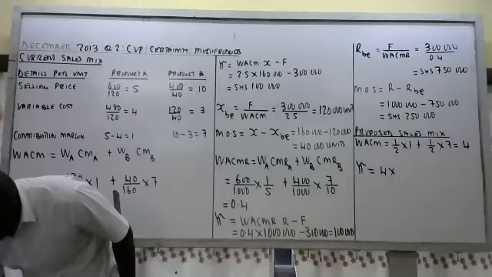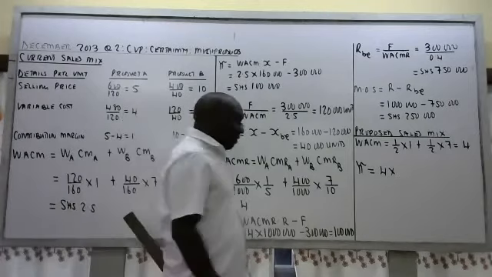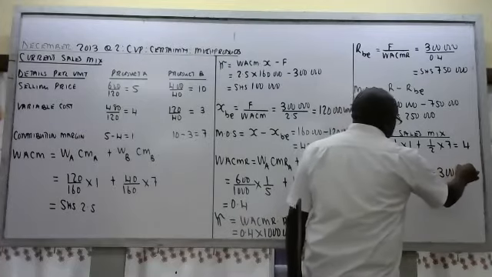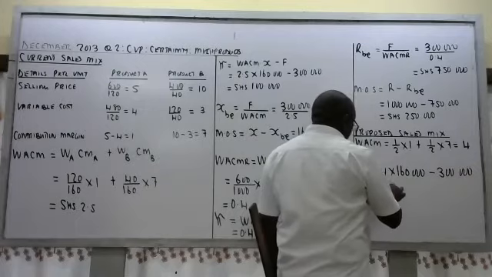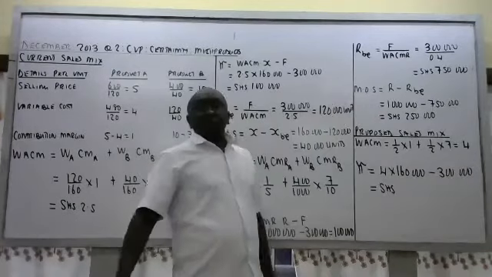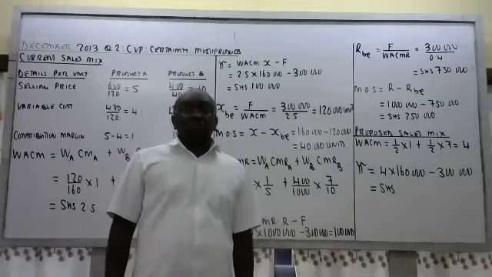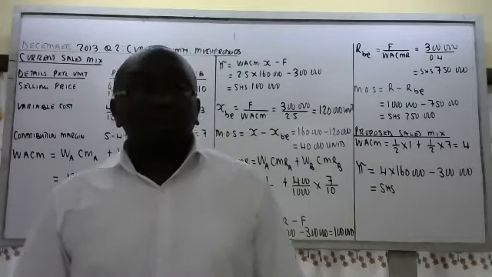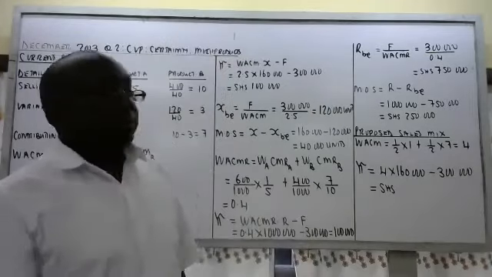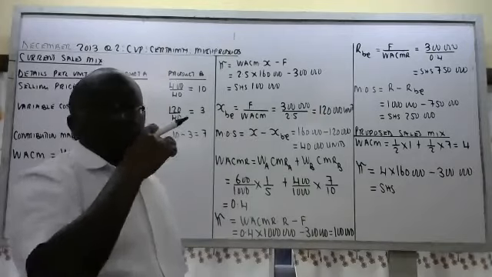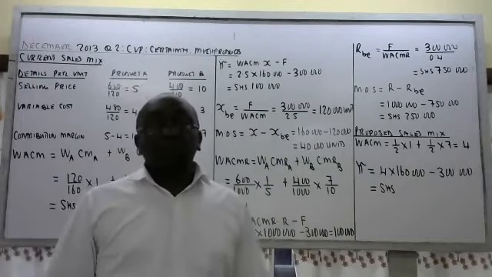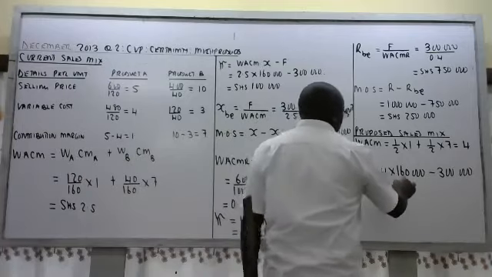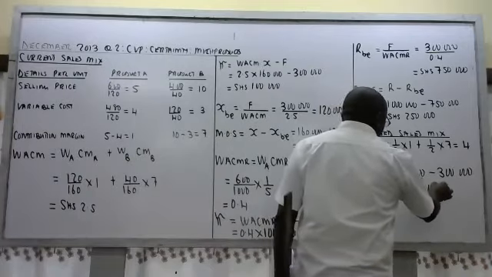So we go for 160,000 units minus 300,000. Yeah, June says 340,000.